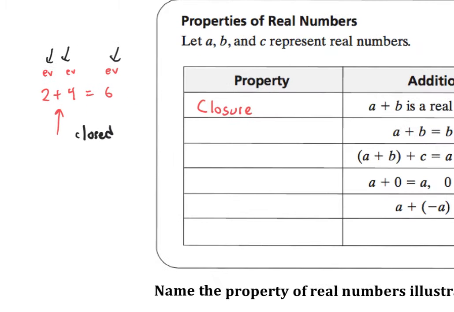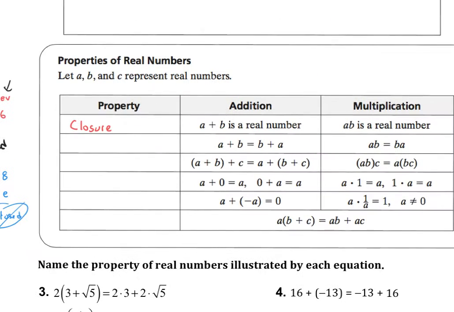But adding odd numbers does not work. Watch this. 3 plus 5 gives you 8. So here we have odd plus odd gives you even. This is not closed because it goes outside the system. But if I'm adding real numbers, then I will always get real numbers. And if I multiply real numbers, I always get real numbers as well.